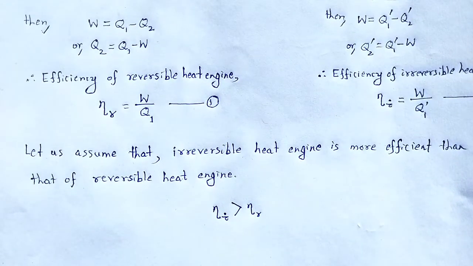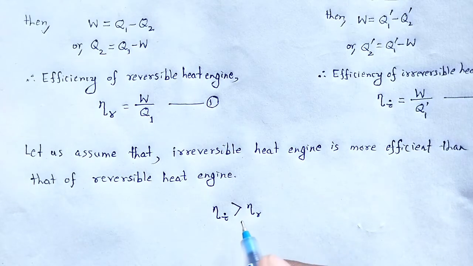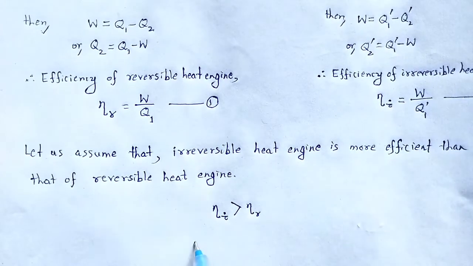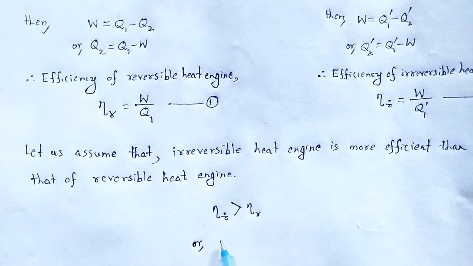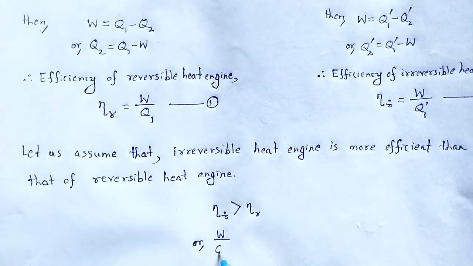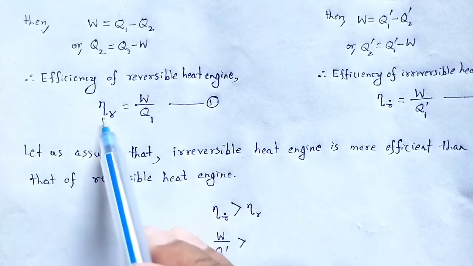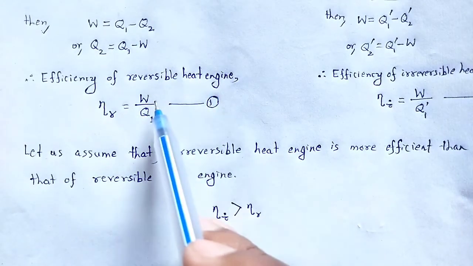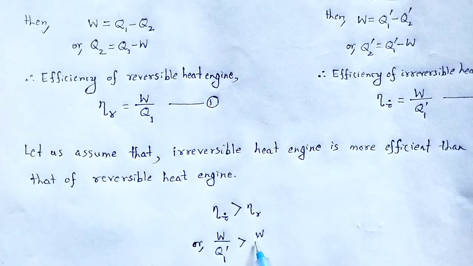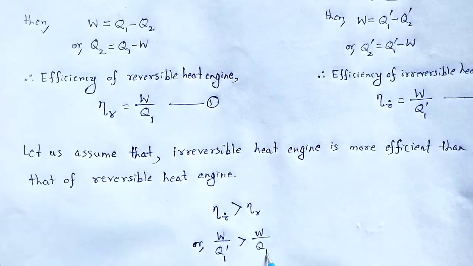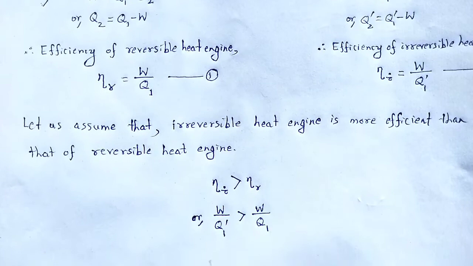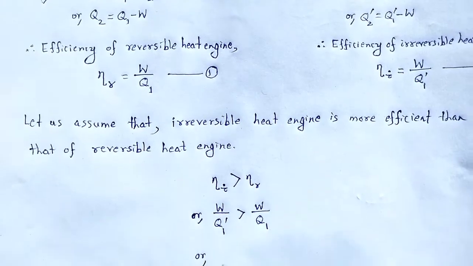Therefore, eta I, the efficiency of the irreversible heat engine, that is W by Q1 dash, is greater than eta R, the efficiency of the reversible heat engine, that is W by Q1. W cancels out on each side.